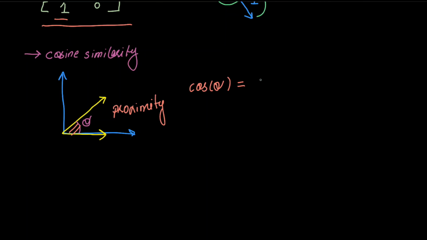It is equal to the dot product of two vectors. Consider this is A, this is B: the dot product of A and B, divided by the product of the norms of A and B.